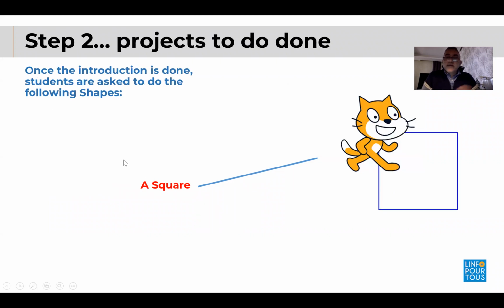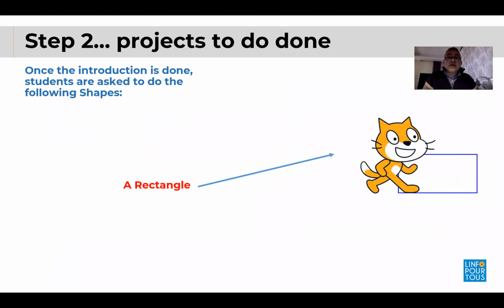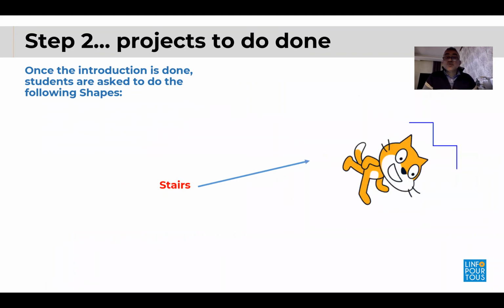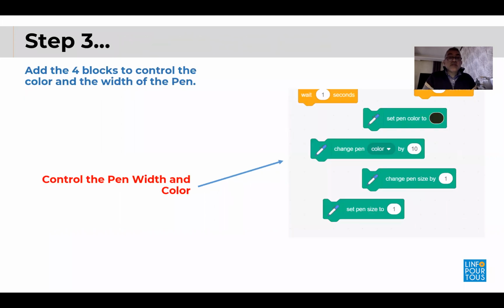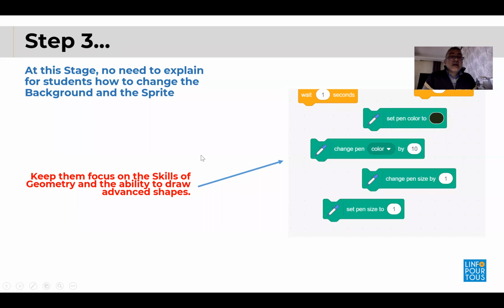So quickly, the simple shapes to be manipulated with students introduced to Scratch are the square, the rectangle, and drawing stairs, using pen up and pen down, and some blocks to manipulate the pen color, the pen width, the pen size, in order to start creating attractive shapes. At this stage, there is no need to explain to students how to change the background and the sprite.